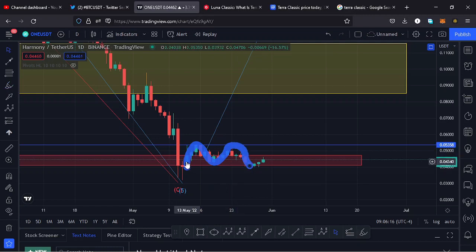And so you can see here there's this formation of a double top in this M pattern, and soon I expect this pattern to break. We break out of this pattern, and that breakout is a bullish breakout.